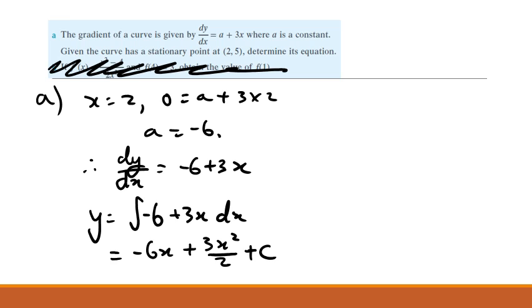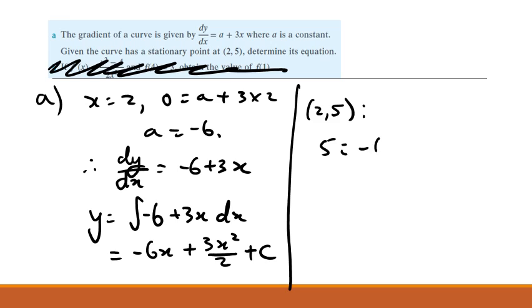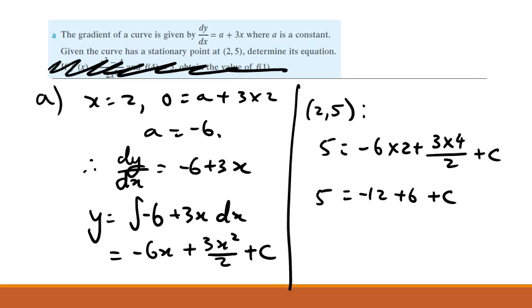Then we substitute it in. So 5 equals to negative 6 times 2 plus 3 times 4 over 2 plus c. What's that? Negative 6, so 11.